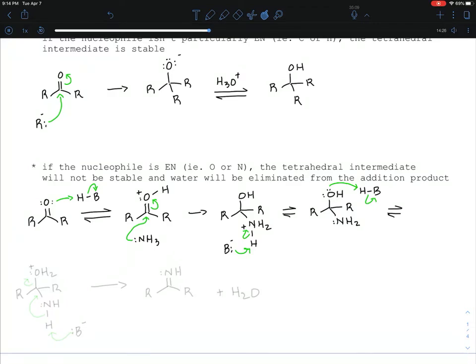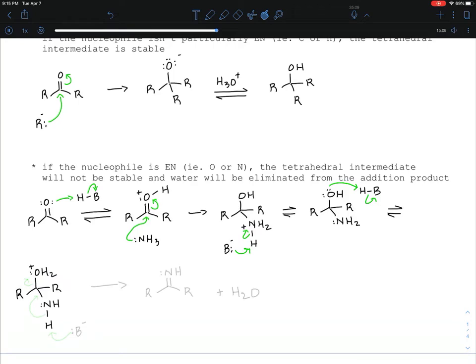I get, now we've got water there, right? That's a pretty good leaving group. Let me redraw this amine down here just a little bit more suggestively. There you go.